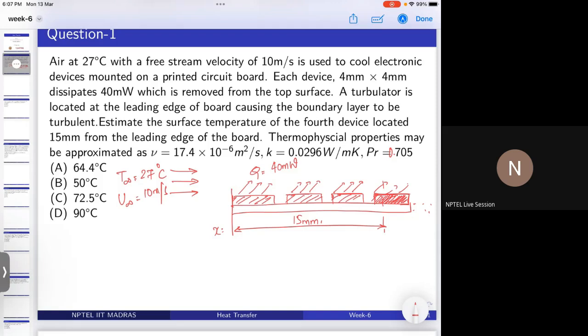Okay, in this question, each device is emitting heat of around 40 milliwatt, and we are assuming that the device surface is isothermal. It's an assumption.